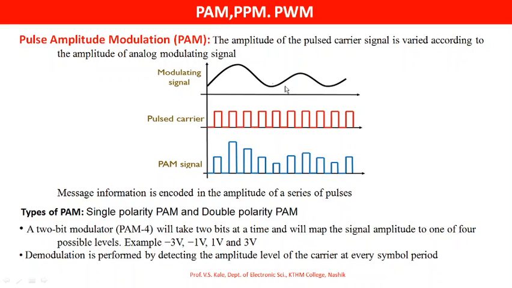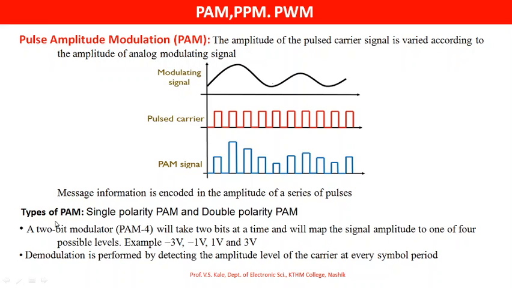As in the modulating signal the amplitude decreases, here the carrier amplitude also decreases. So the first one is the modulating signal, the second one is the pulse carrier, and the third shows the pulse amplitude modulated signal, in which pulse width is constant but pulse amplitude is varying according to the modulating signal. The message information is encoded in the amplitude of a series of pulses.